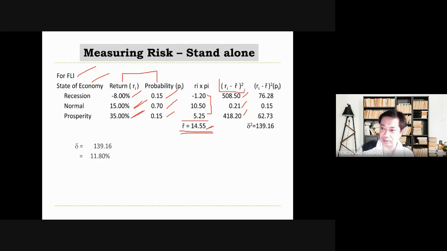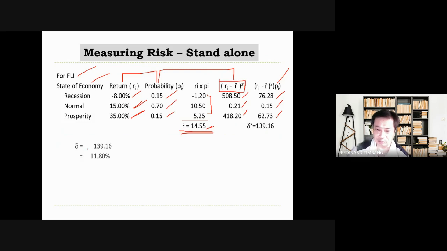Ito yung formula natin. Then you multiply by the probability, and you will get 76.28, 0.15, 62.73. And then you add them. After adding them, this is your variance, 139.16.